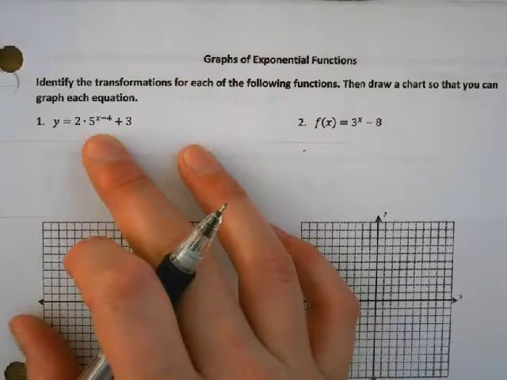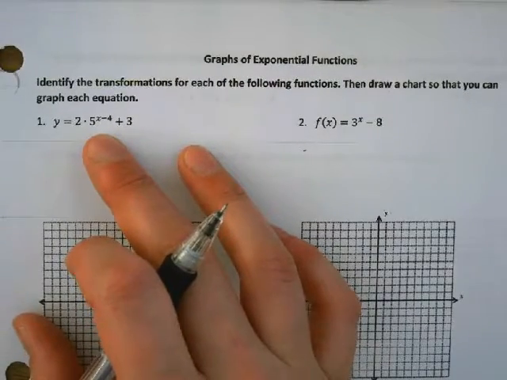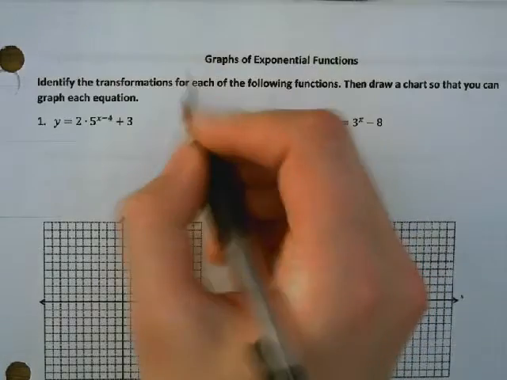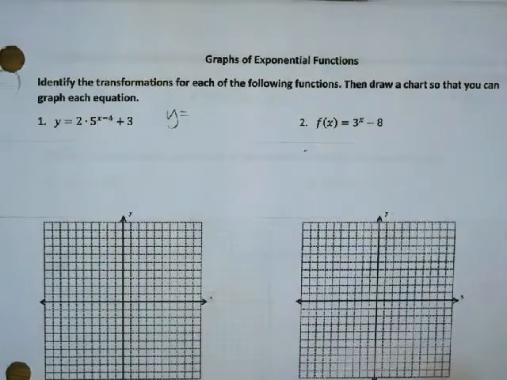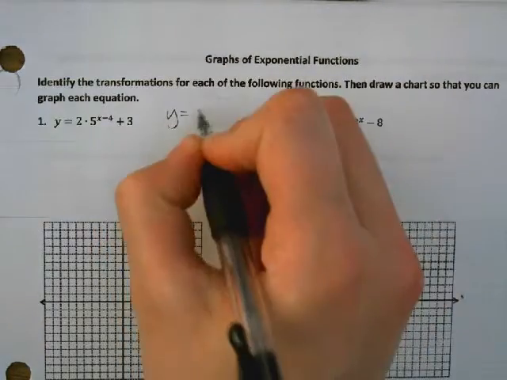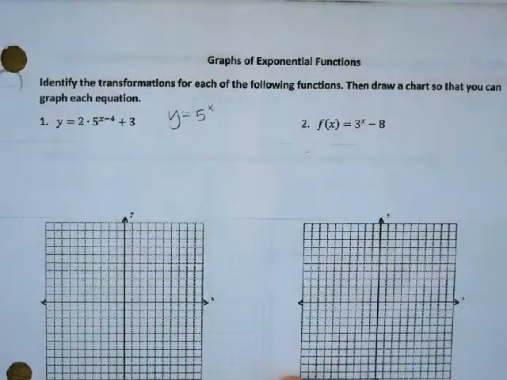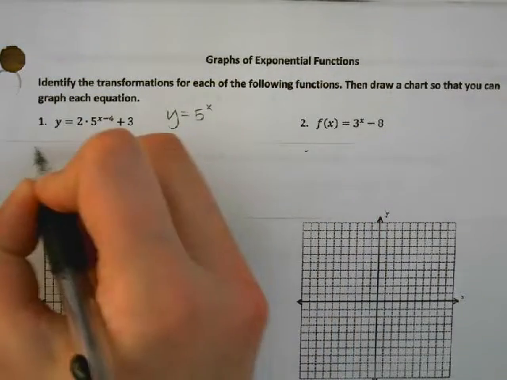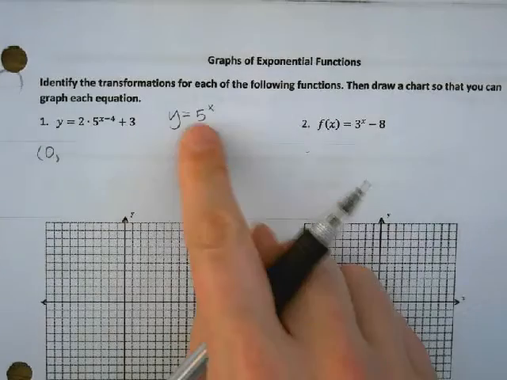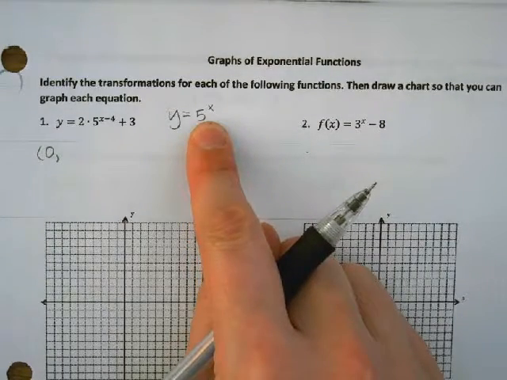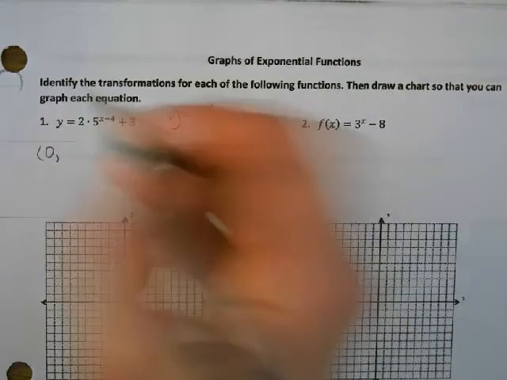So, hey guys, what's the parent graph for number 1? Y equals 5 to the x. All right, so our important pieces of information, if we plug 0 in for x, what do we get? 5 to the 0 is 1.